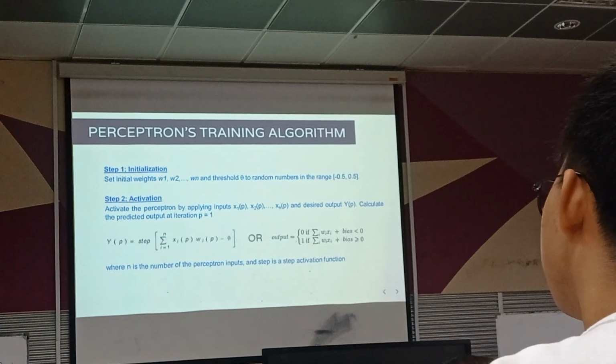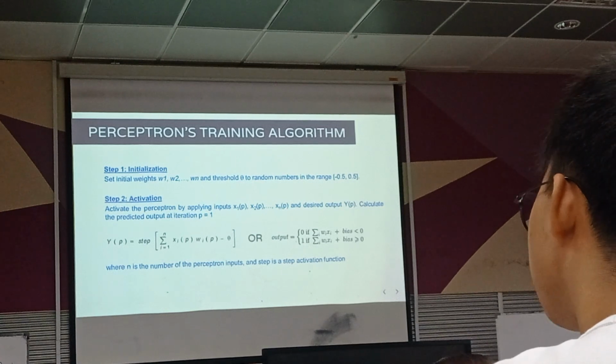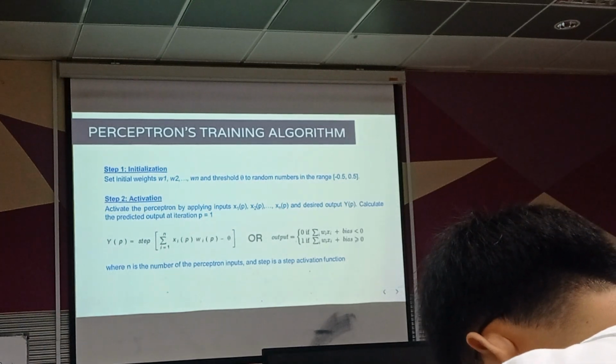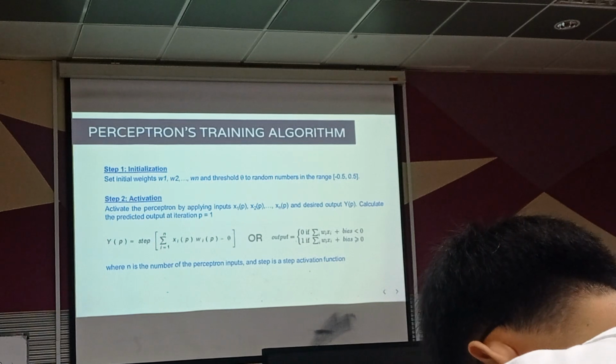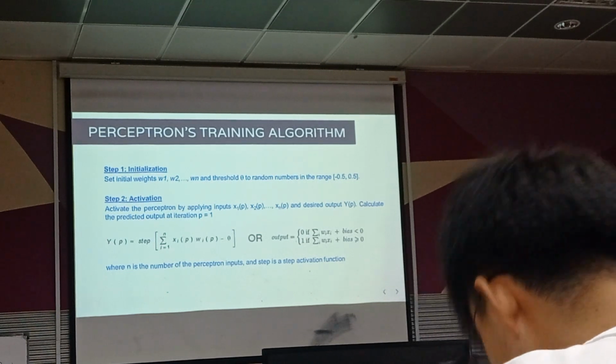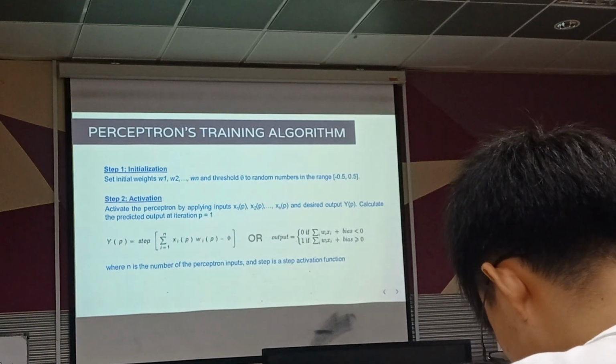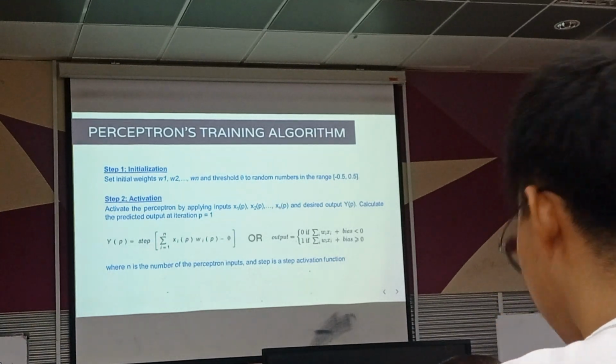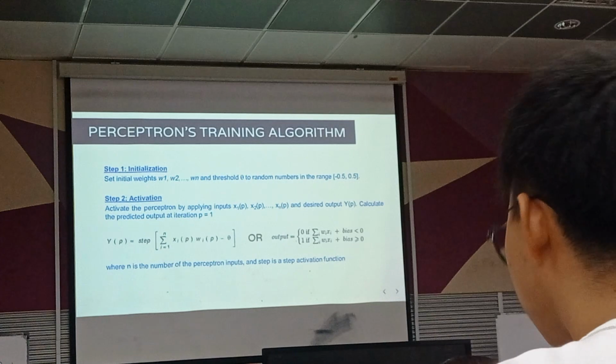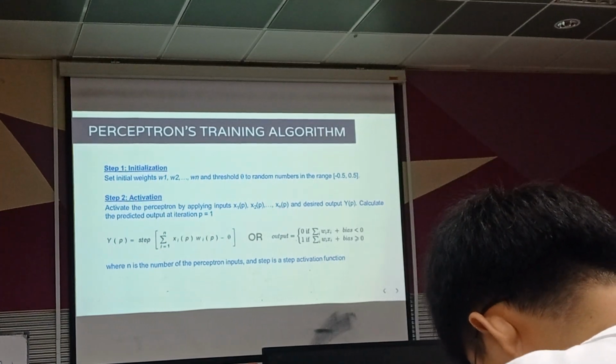So now we have this weighted sum and the step function. We substitute x with 0.7. What is the threshold value? Let's say 0.5. Is 0.7 more than 0.5, or is 0.7 less than 0.5?